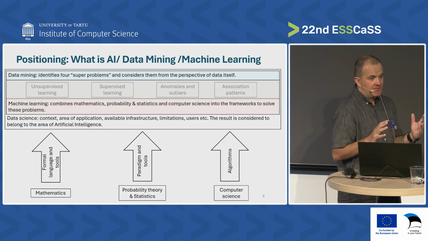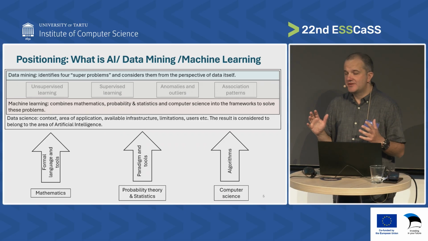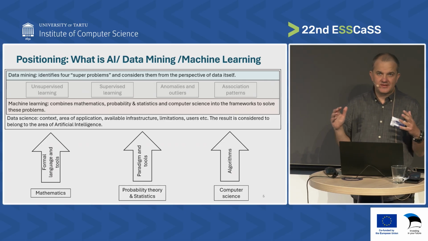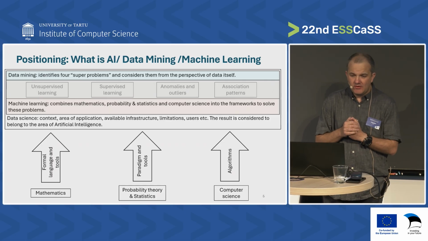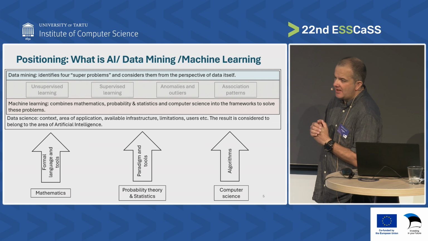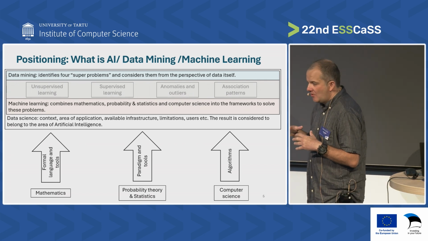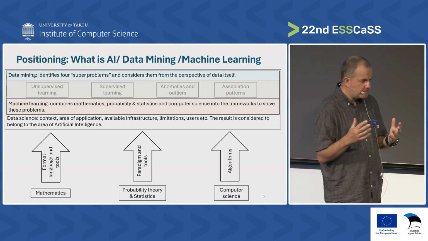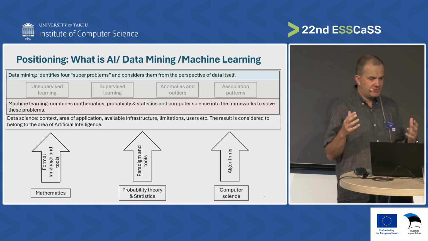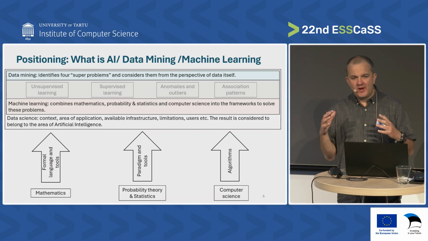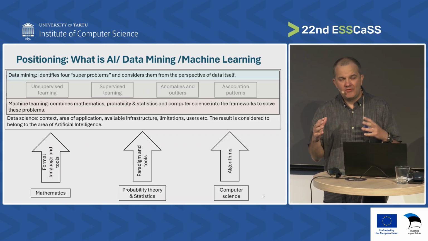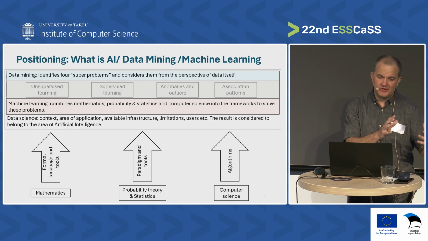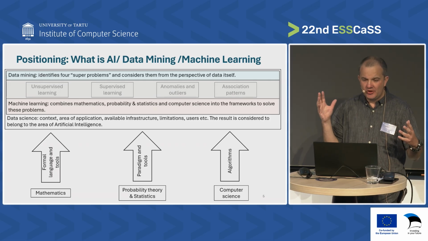The third problem is anomalies or outliers, their analysis and detection. Here we do not have any labels, but we assume that we have some sort of understanding of what normal is, and we would like to find something which is not normal.